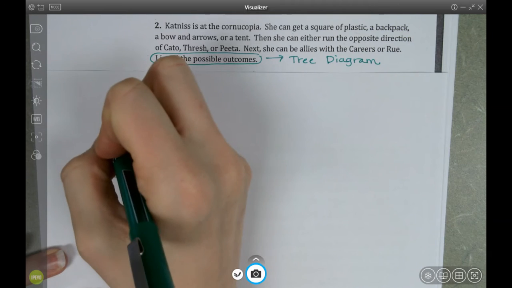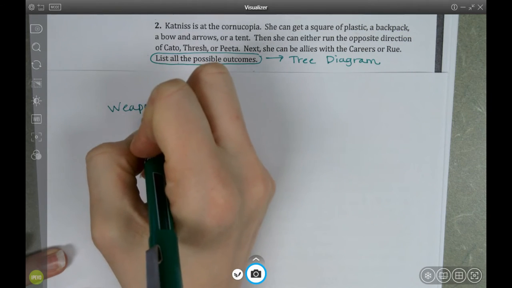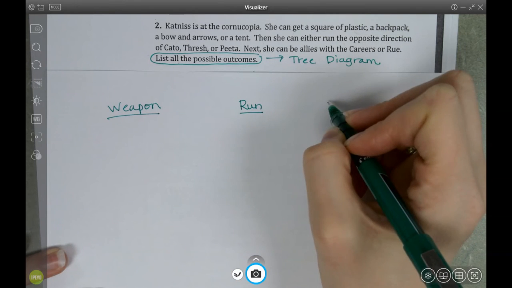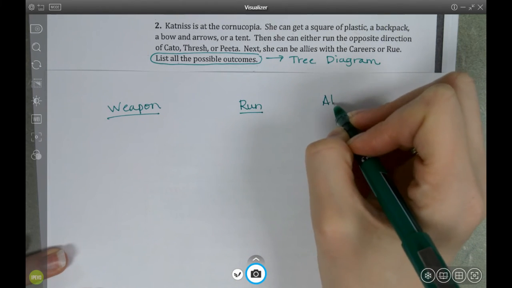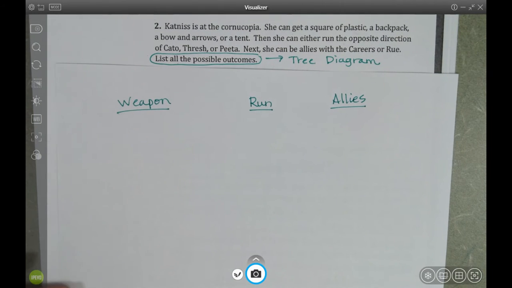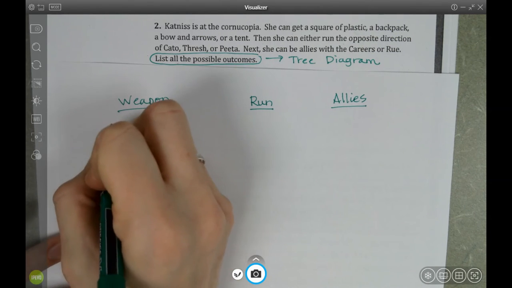So we're going to have a weapon. She can run away from. And then she has her allies. All right, so how many options for a weapon do we have?